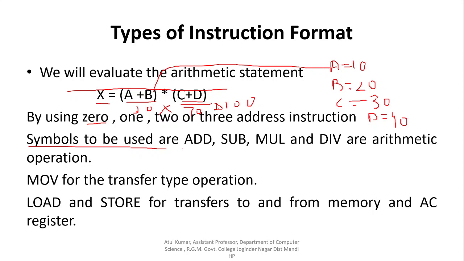The symbols are ADD for addition, SUB for subtraction, MUL for multiplication, DIV for division, and MOV, which is used for transfer of data from register to memory or from memory to a register. LOAD and STORE are symbols used for transfer from the memory to the accumulator register, or vice versa.